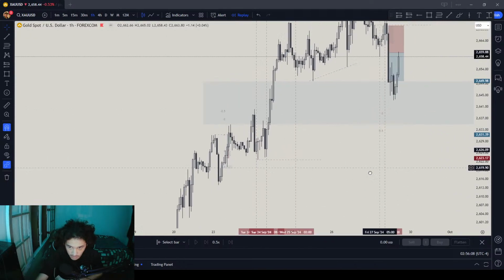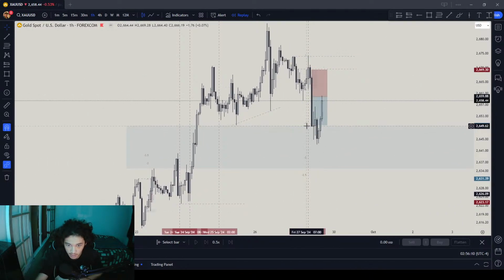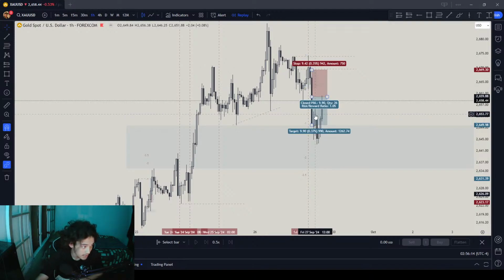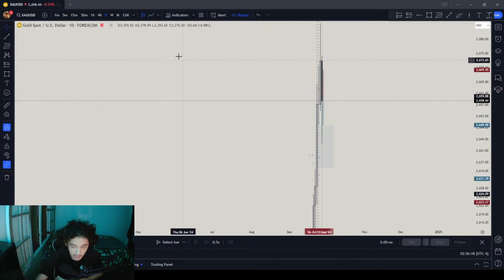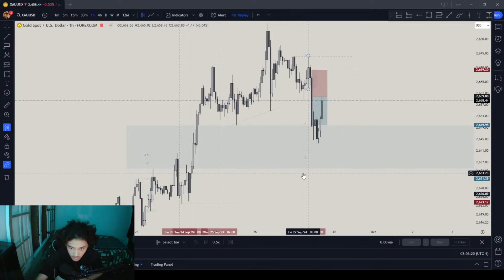Like today, you could have shorted this to the daily, which would have been your main goal, because of the daily fair value gap. That's your main draw and take profit. We only use the deviation to the main draw on liquidity and the ones partially there, so that's our main goal and main take profit.